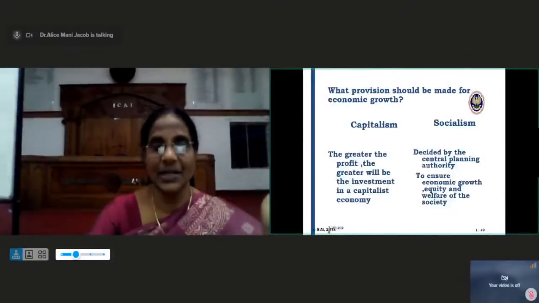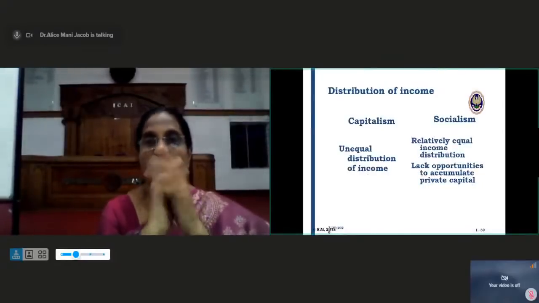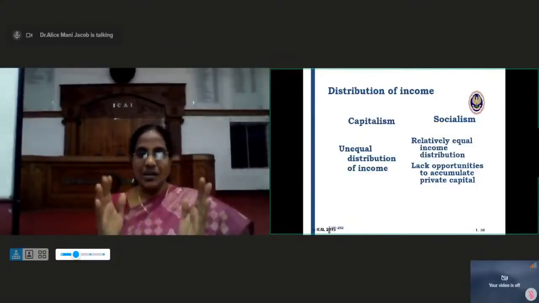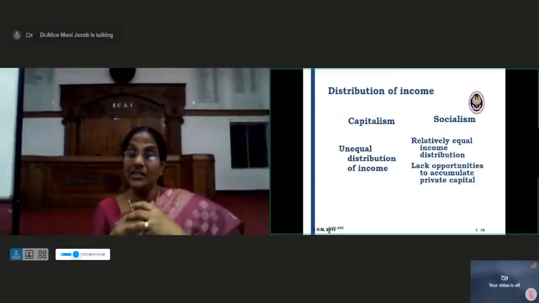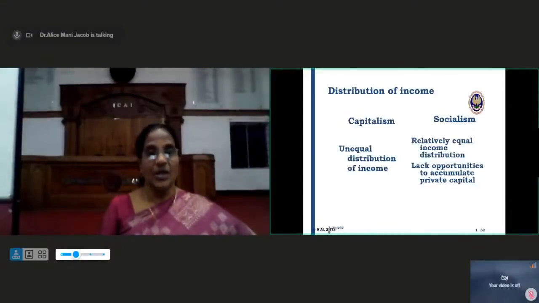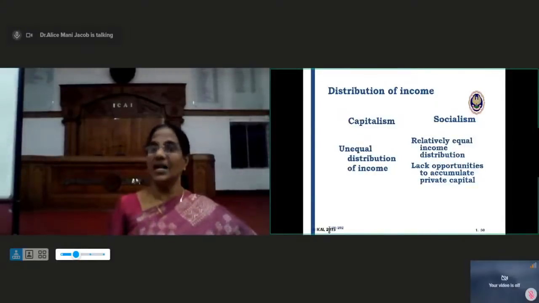Then what about the distribution of income in capitalism? Unequal distribution of income. Because the rich will exploit, they will pay lower wages because they want to maximize. They can amass wealth, and so the rich will become richer and richer. The poor will be exploited. And so there is always unequal distribution of income under capitalism.